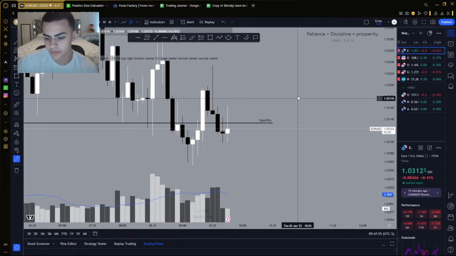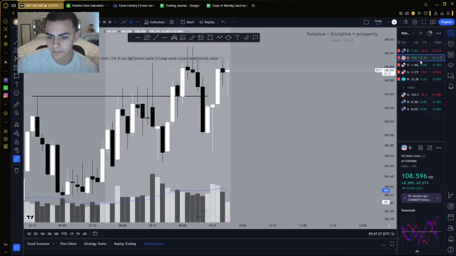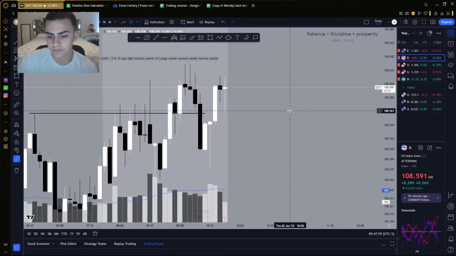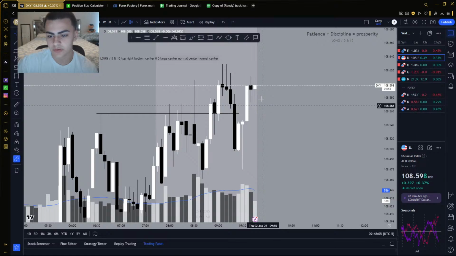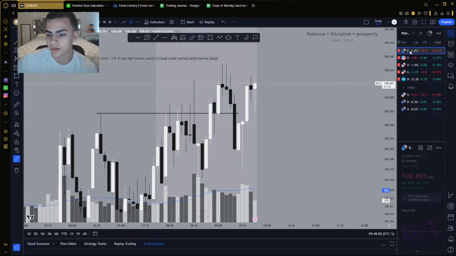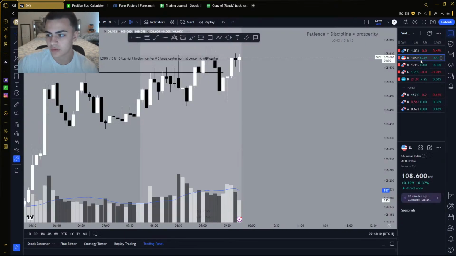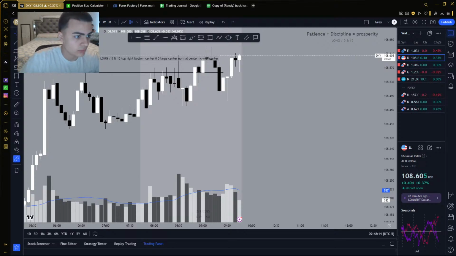Let's check out Euro USD. So it's like it reversed again. So it bounced off of this area. So this is a buy here, and this is a sell. It could actually. Is it this one?